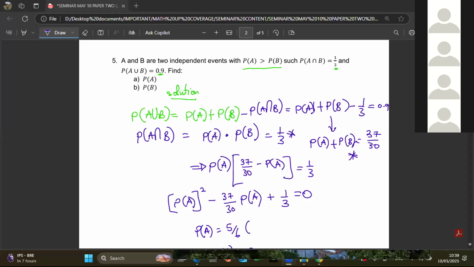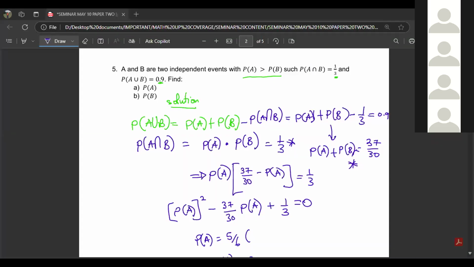So when the question says two independent events A and B, it's simply telling you that their intersection is the product of the two probabilities. It's not 0, so they have an intersection, which is just the product of the two probabilities. I hope that makes sense.